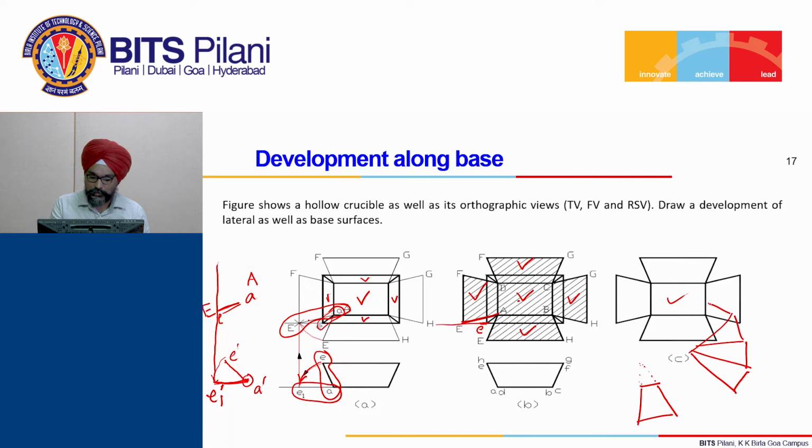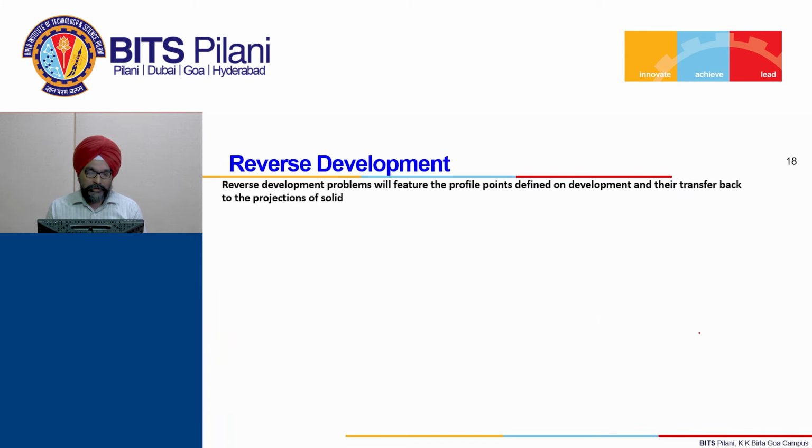On the development of the pyramid you can transfer the points and get that in this form also. Whatever form is asked, you can accordingly apply. So, fine, this was about the development.